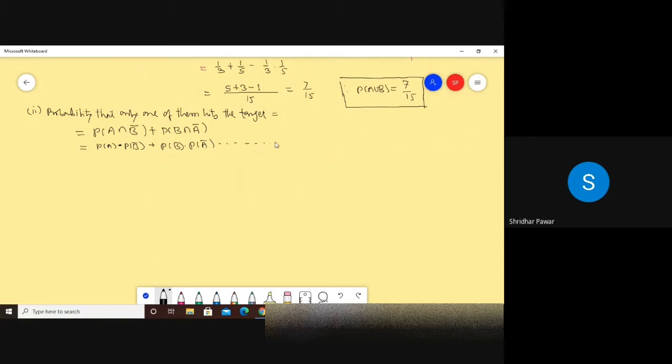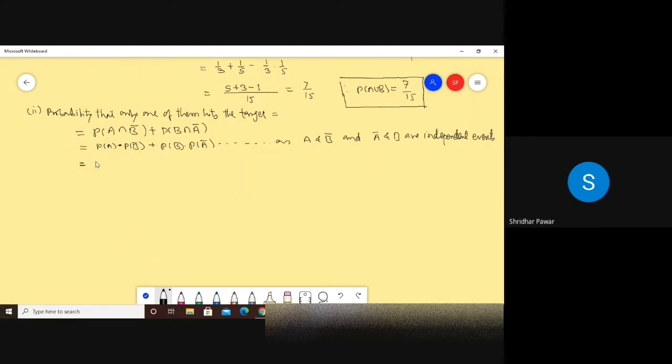What is the reason? As A and B bar, and A bar and B are independent events, so these are independent events. Therefore, the probability of their intersection is the probability of their product.